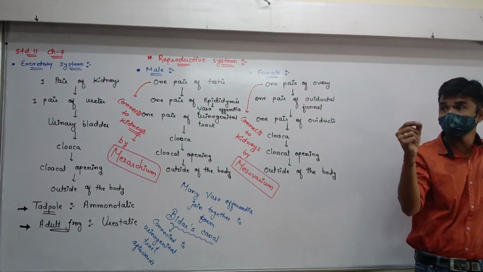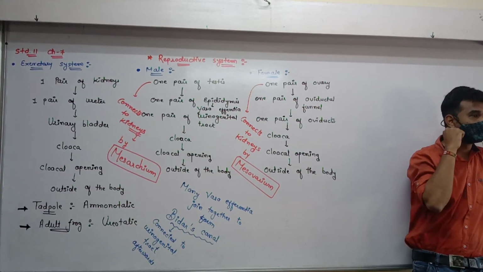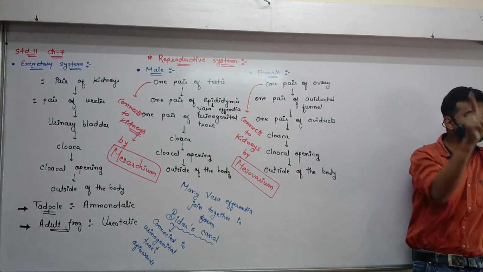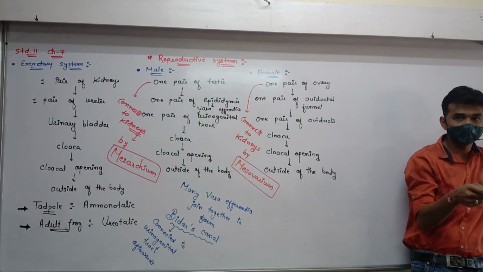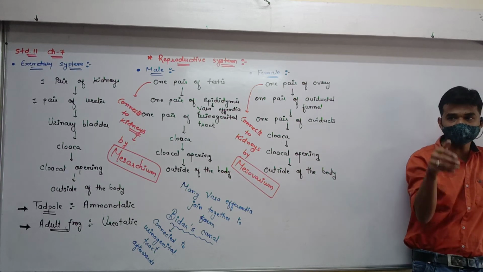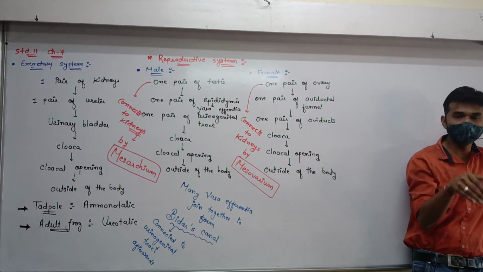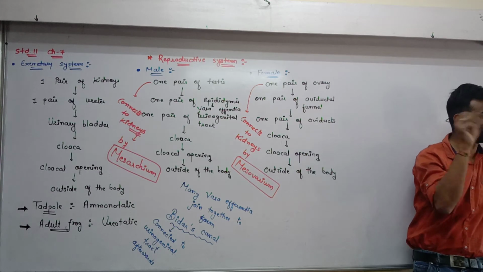The oviduct is highly coiled. So ova take much more time passing through it, and the ova can take that time for maturation.